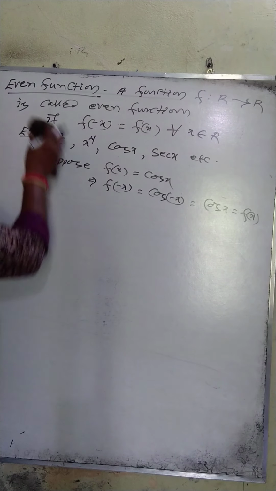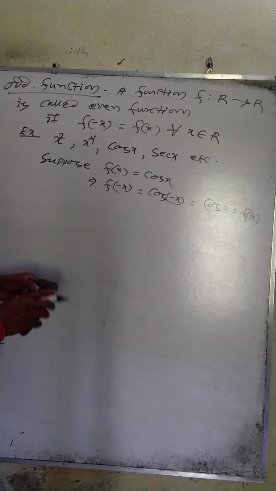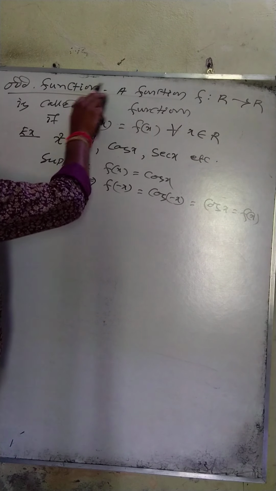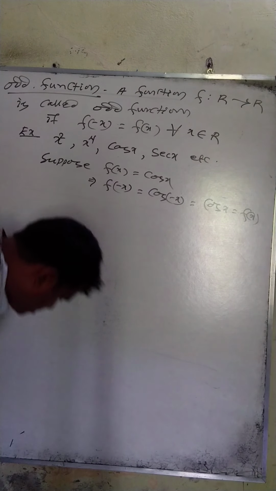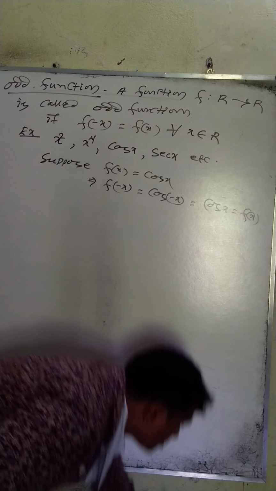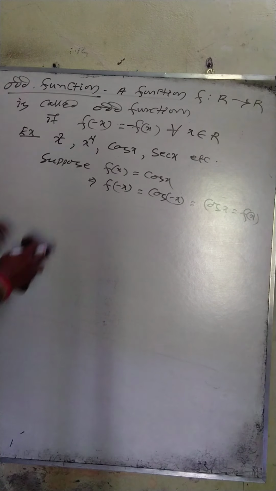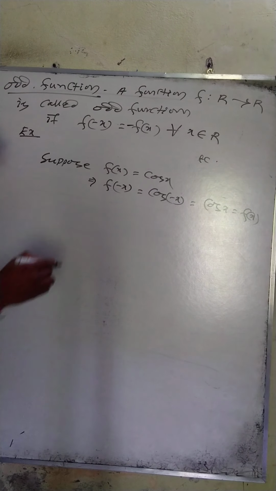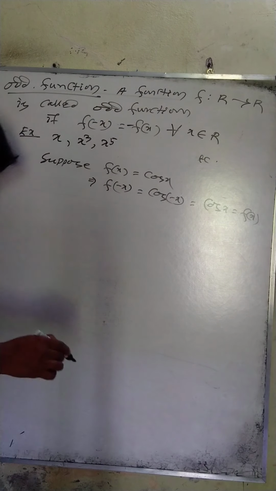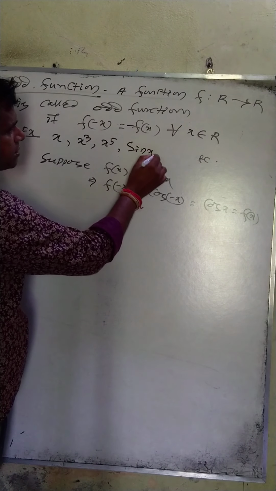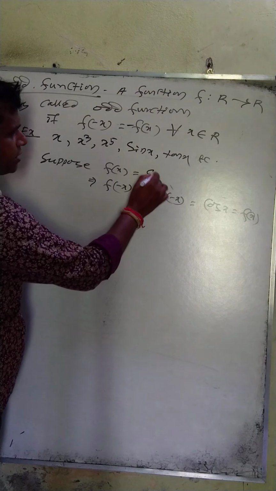Next, odd function. A function f from R to R is called odd function if f of minus x is equal to minus f of x for all x belongs to R. Example, x cube, x to the power 5, sin x, tan x etc. Suppose f of x is equal to sin x.